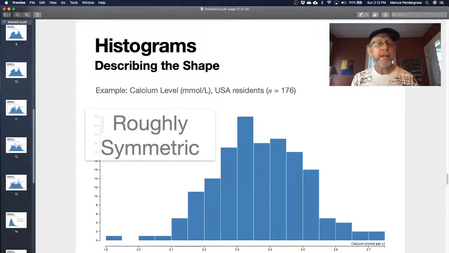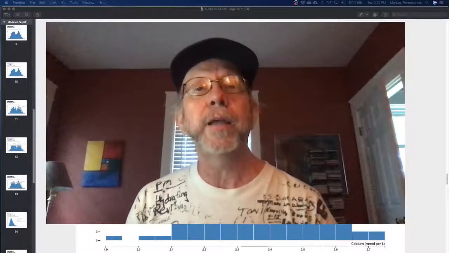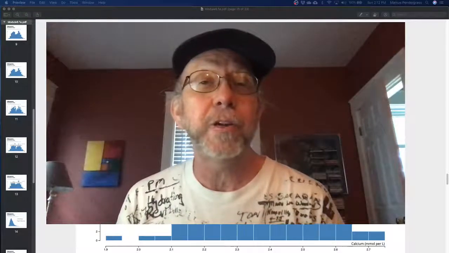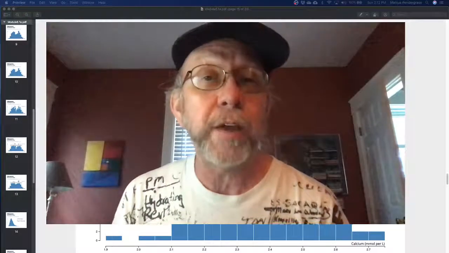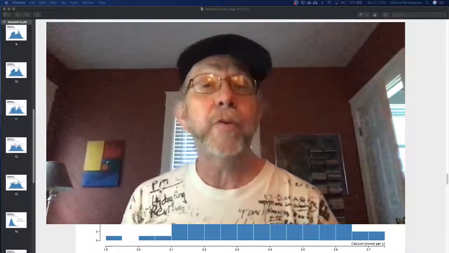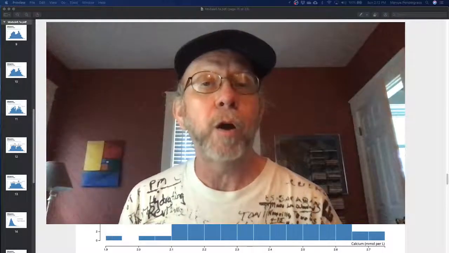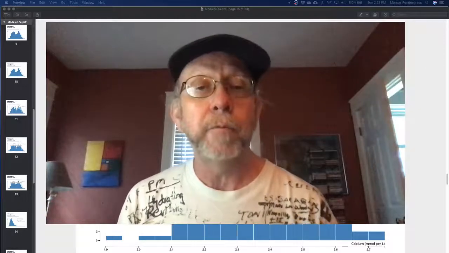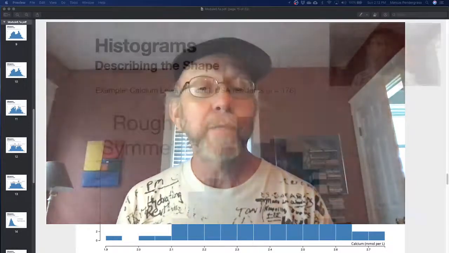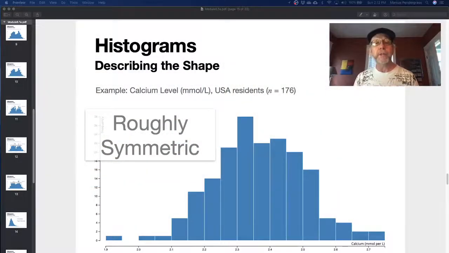When I say symmetric in a statistical sense, I'm not looking for mathematical perfection, but rather the rough overall view of the data set. So even though this one isn't perfectly symmetric, he would qualify as a roughly symmetric unimodal distribution in statistics.